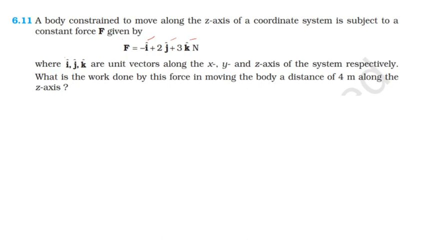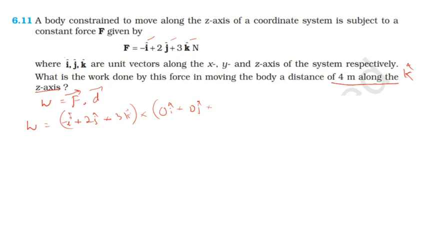So we know the formula, work done is equal to vector force dot vector displacement. And the displacement is 4 meter along the z-axis. Along the z-axis means we should take unit vector k here. So W is equal to force, minus i cap plus 2j cap plus 3k cap, into the displacement, which is 0 in i, 0 in j, 4 in k cap.